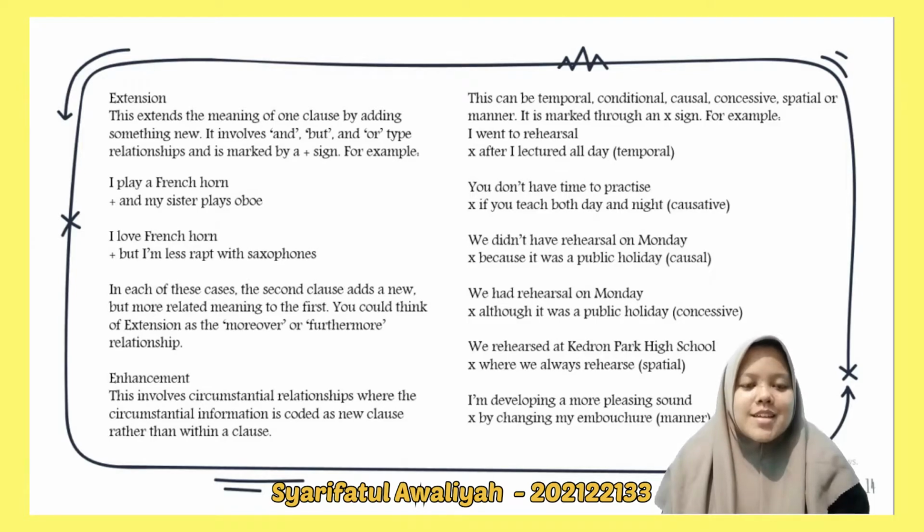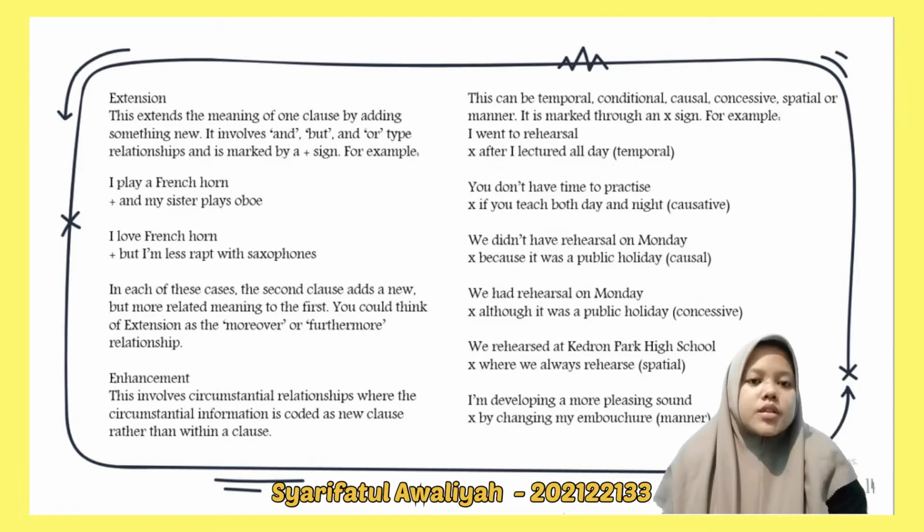The second, extension. This extends the meaning of one clause by adding something new. It involves an "and," "but," and "or" type relationship and is marked by a plus sign. For example, I play French horn and my sister plays oboe.